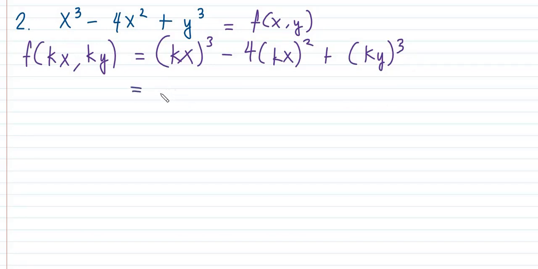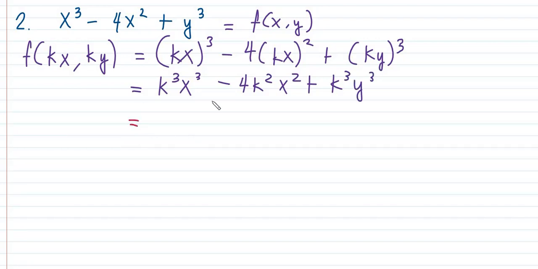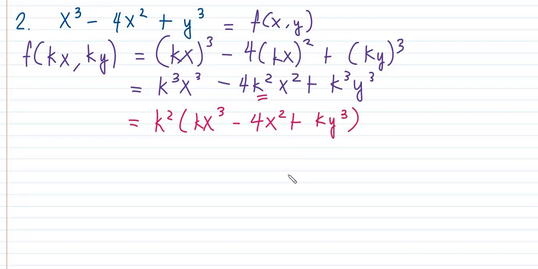So I now have k cubed x cubed minus 4 k squared x squared plus k cubed y cubed. I can factor out k squared, that's the common factor. So I have k times x cubed minus 4 x squared plus k y cubed.